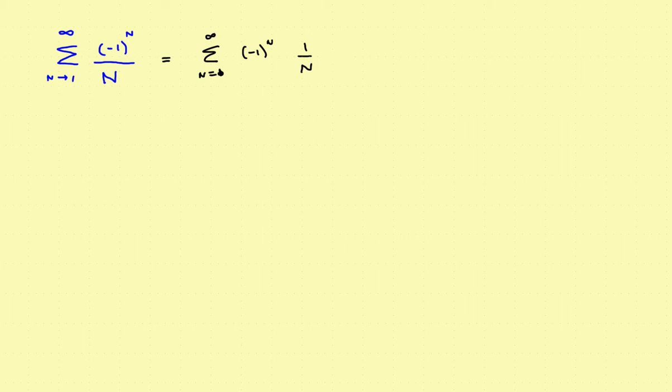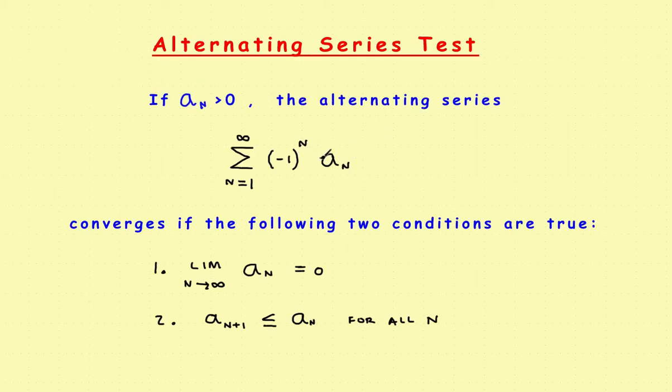Again, what that is, I think I'll put it in red, is a sub n. So this just makes it look kind of like the rule. Here's the switch that alternates it between positive and negative, and this is a sub n.